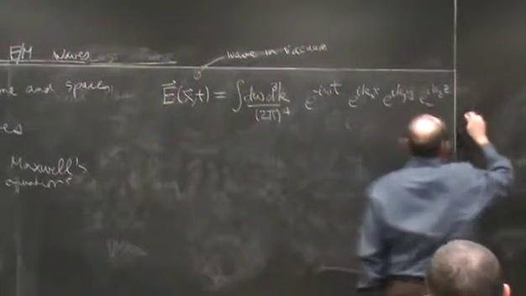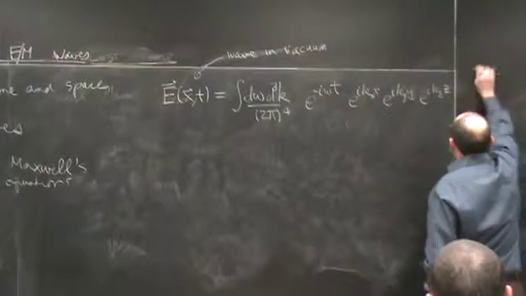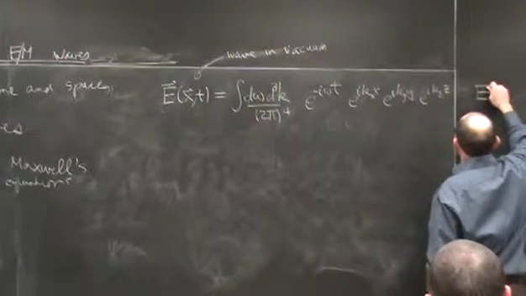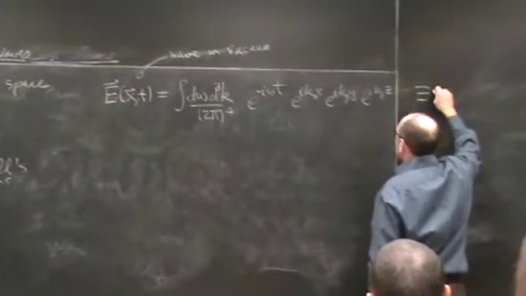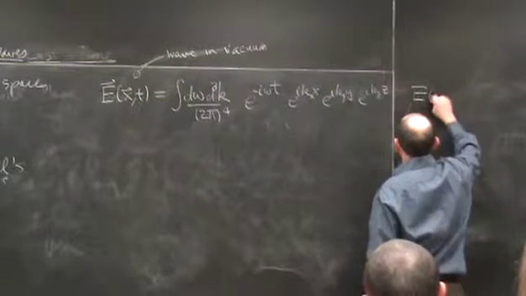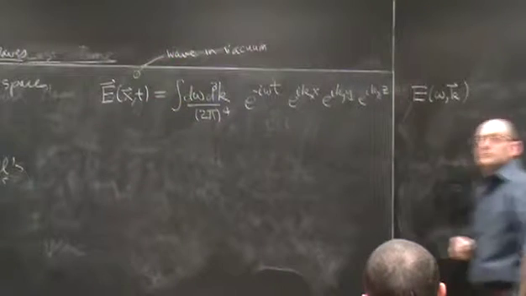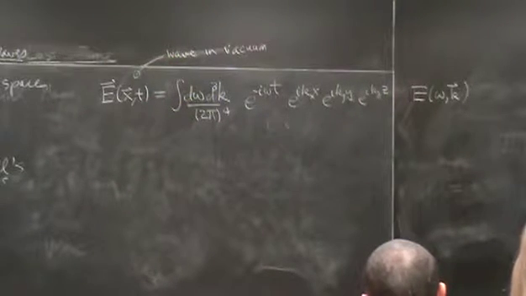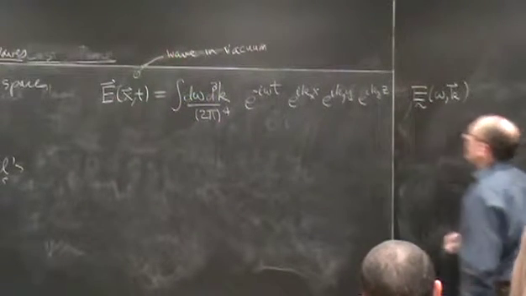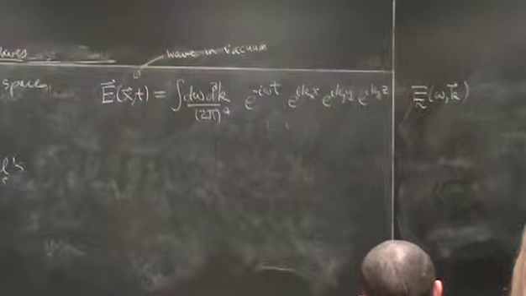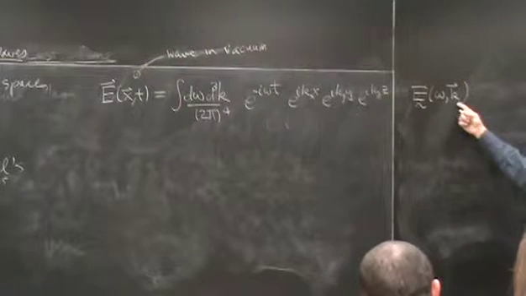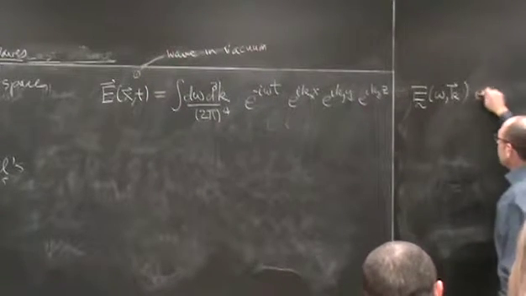So we have some complex amplitude which depends on this particular omega_k. That's my Fourier transform. However, it's got to be a vector. It can't be a scalar. So we have to stick in a polarization vector.